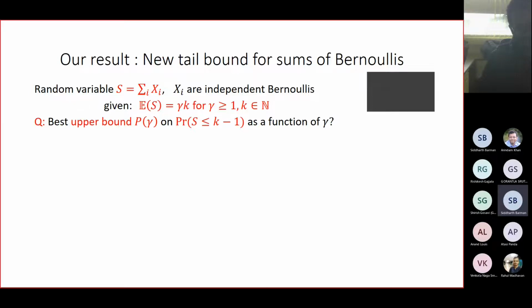So I'll give you a minute to digest this. What's your guess? What do you think should be done here? Why are you calling the upper bound p as a function of gamma?